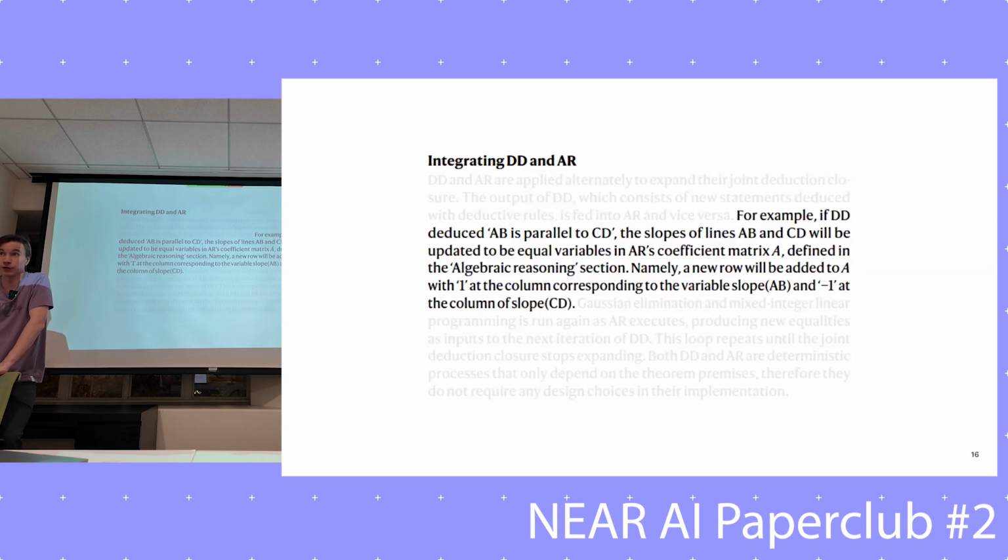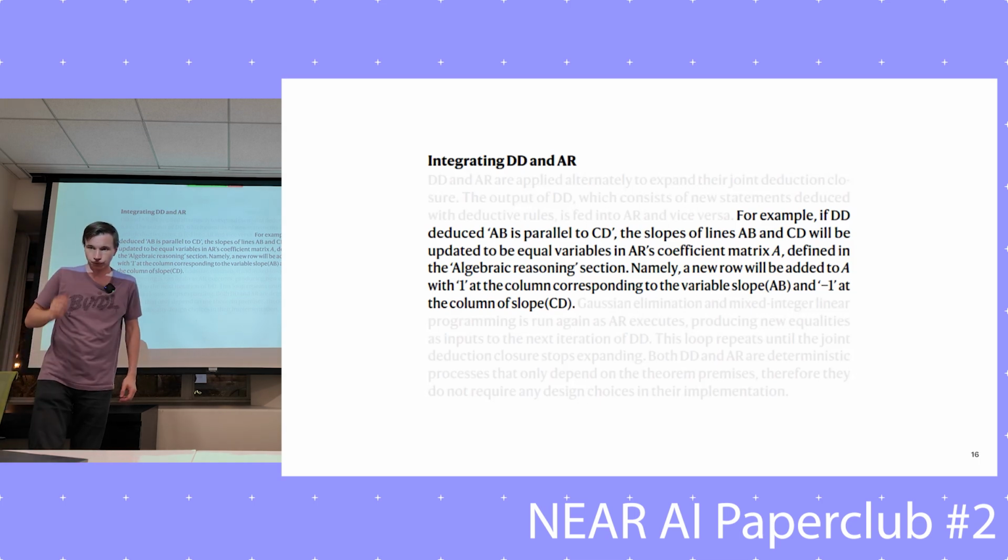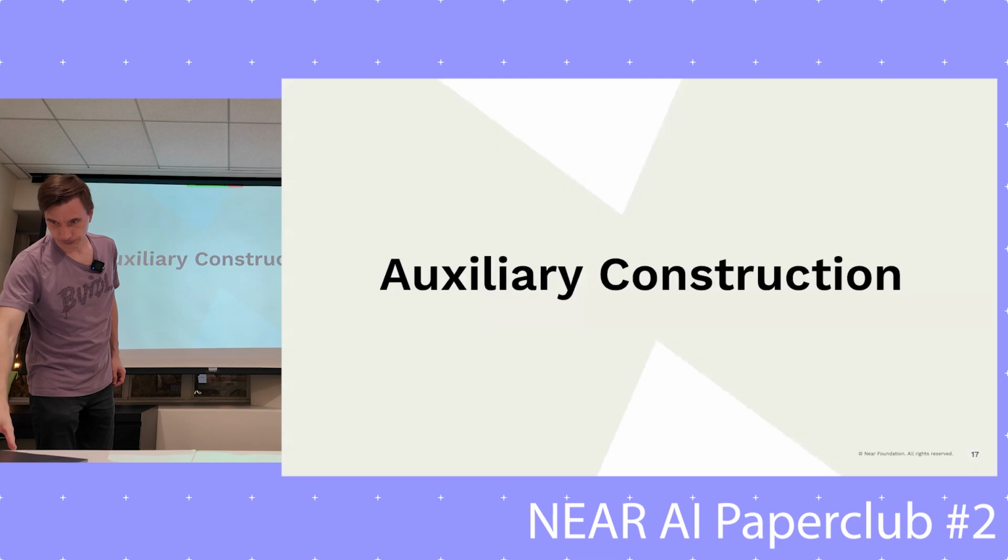They just run it to completion until it finds everything that is to be found. Once they find everything, they build that matrix and run AR, which is effectively just solving a system of linear equations that finds new relationships. They put them into the set of all the statements, run DD again, and they repeat until no new data is found.